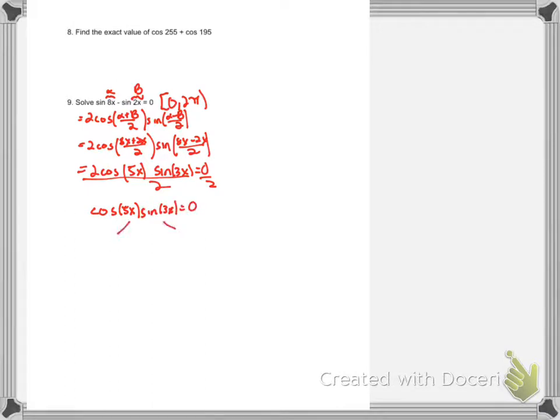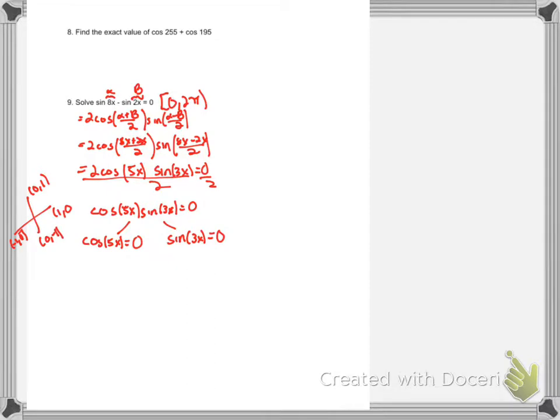We can break that into the 2, because if either one of those is equal to 0, the whole thing will be 0, which is what we needed. So we want to know where sine and cosine are 0. Well, cosine is 0 at, and I always draw these off to the side. You guys probably have noticed this is going 1, 0, 0, 1, negative 1, 0, 0, negative 1.